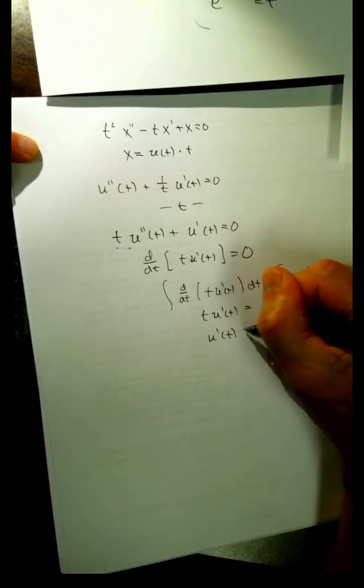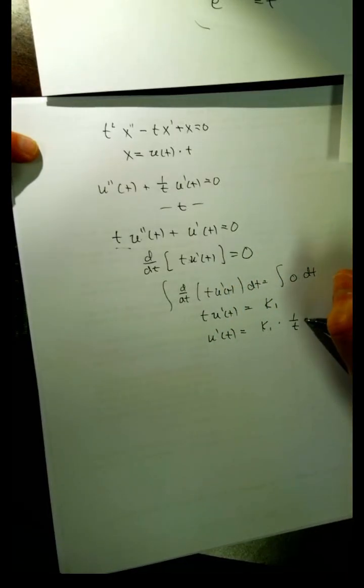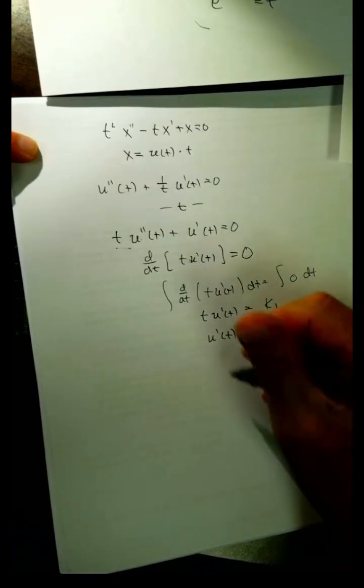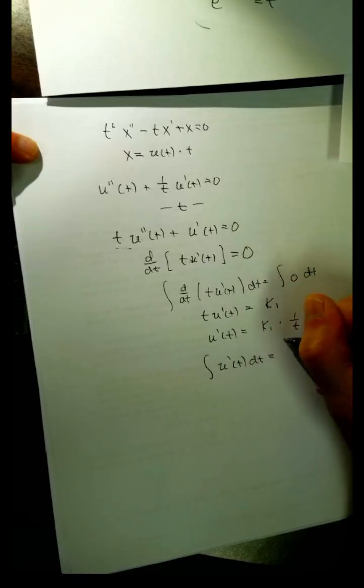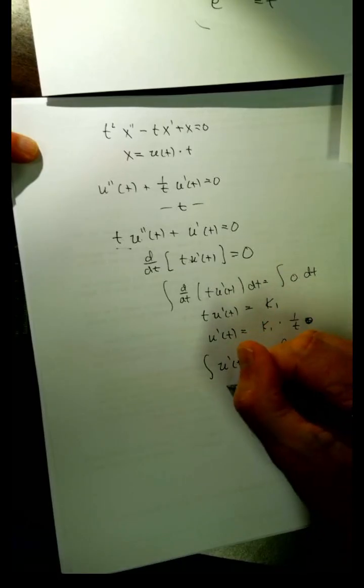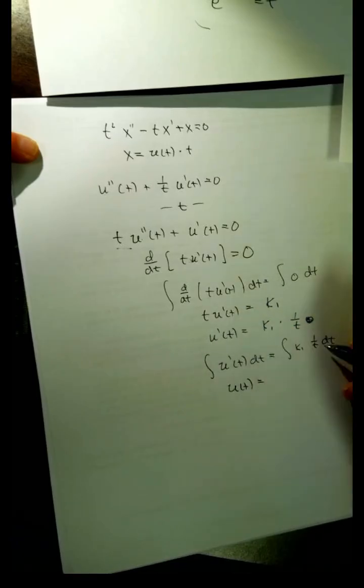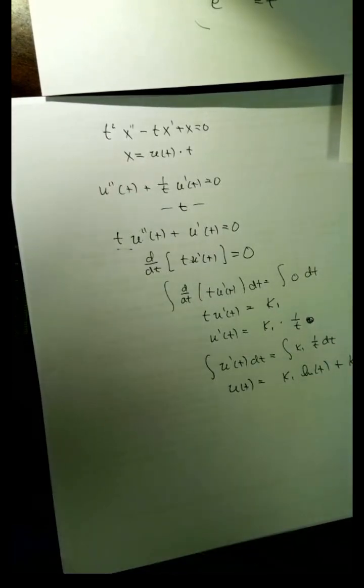So that says u prime equals k1 times 1 over t. Oops, just k1 over t. Now if I take the antiderivative of both sides, the antiderivative of the derivative is just the function. Antiderivative of 1 over t becomes k1 log of t, and then I'm having a new constant from that integration.